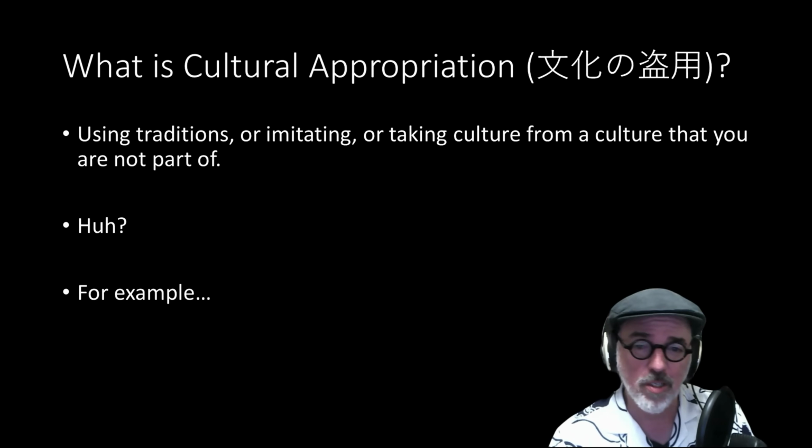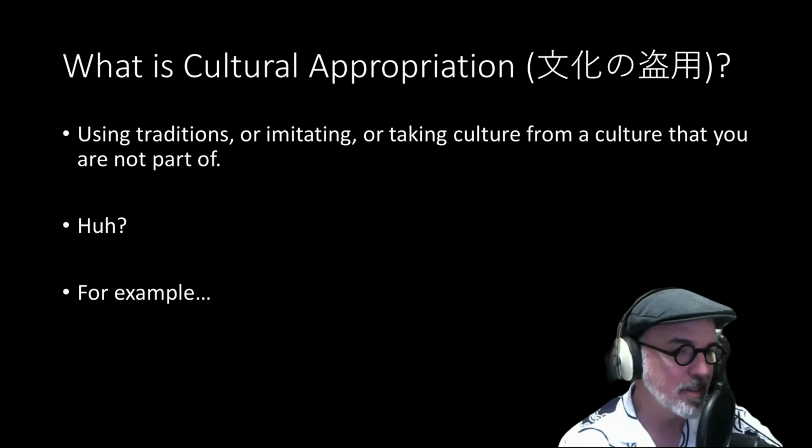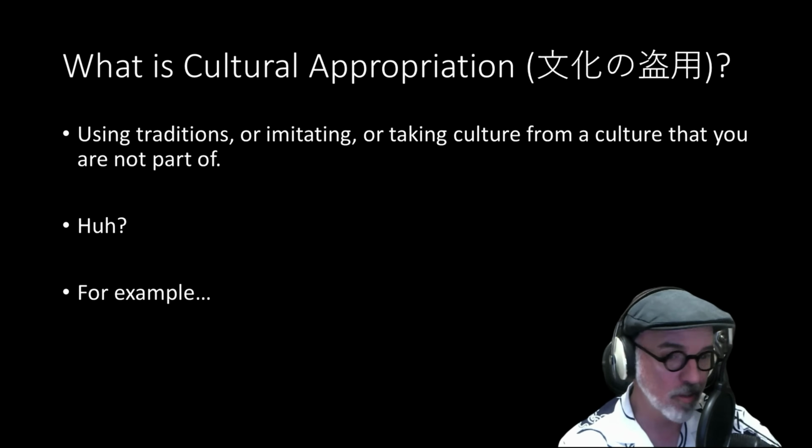It's difficult to understand. So let's look at an easier to understand example than the one that we just looked at. Now, this is a classic example of cultural appropriation, and one that's easier to understand why people would be angry. So these are Halloween costumes. This is cosplay.